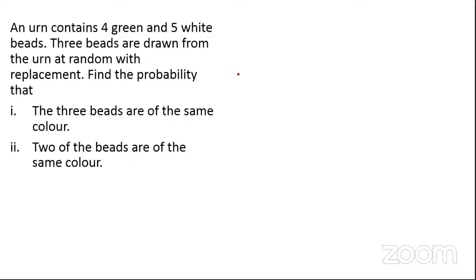So here we can still have them in box form. So we have 4 green and 5 white. We are going to pick 3 times. So we can give it a boundary of the 3 times we are going to pick.